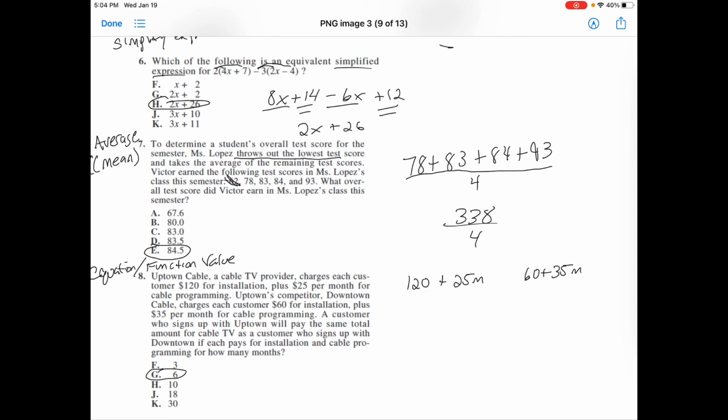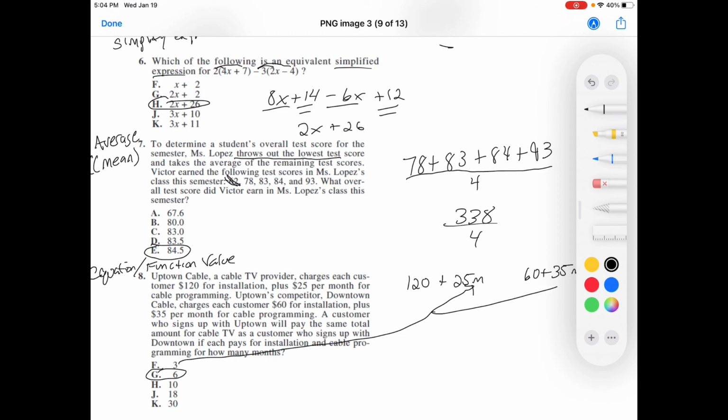Figure out, okay, I know these have to be equal, and you could start with 3 and plug in a 3 for M and see if they equal. They don't, and then you could plug in a 6 just like we did, and they will equal. So it could be a function value question as well.